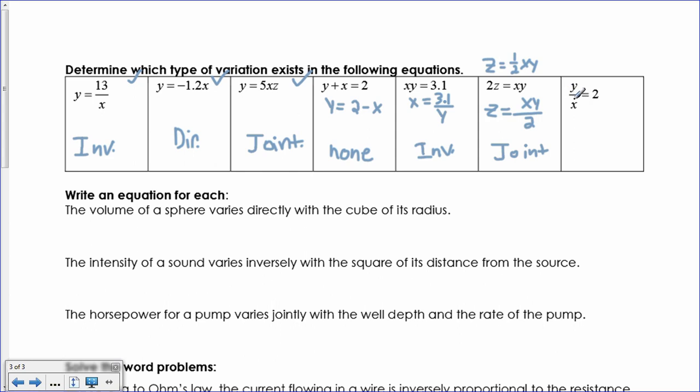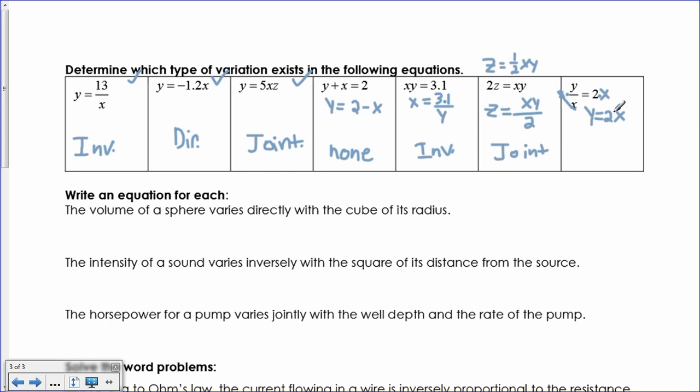This one has division, but remember, you can't decide what type of variation it is unless you have one variable and then everything else on the other side. So I need to solve for one of these variables. The easiest one to solve for would be y. So I'm going to go ahead and multiply times x on both sides to cancel that out. So I'm going to have y is equal to 2x, all right, to get a linear equation here.